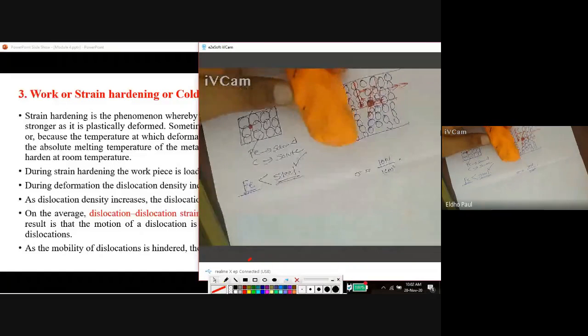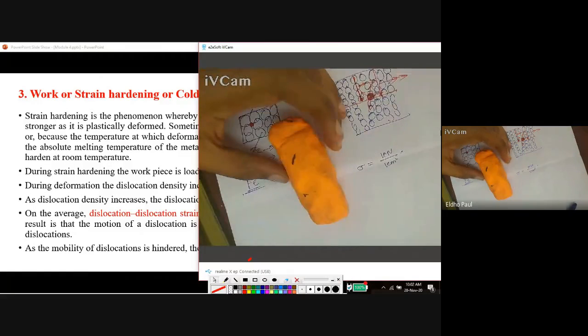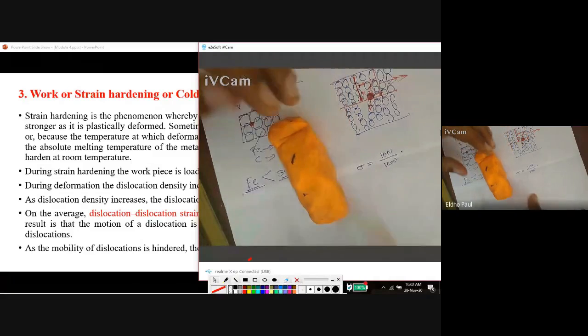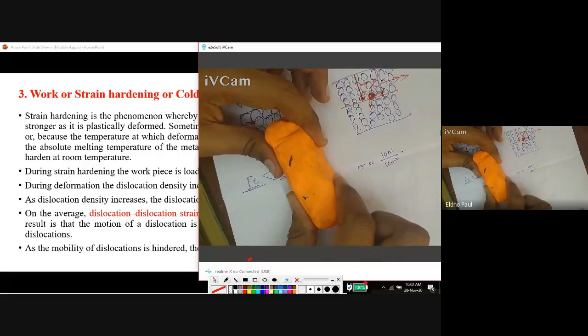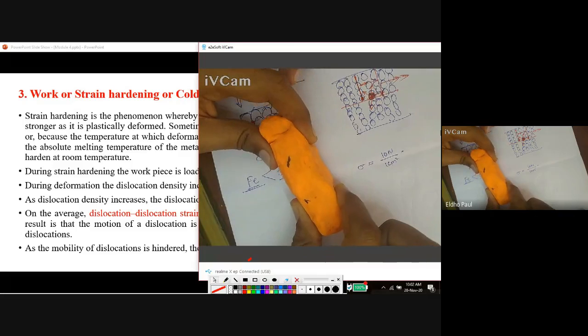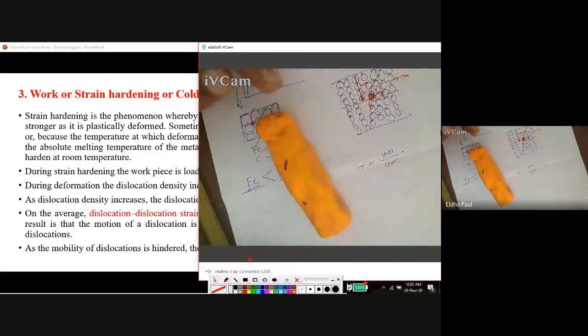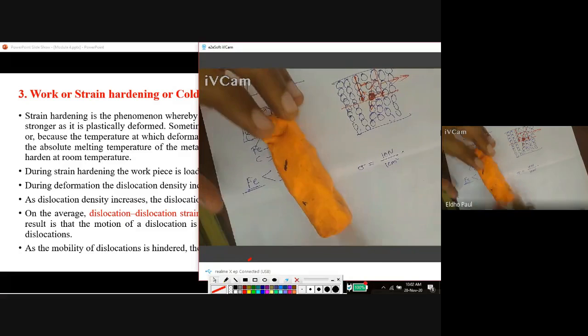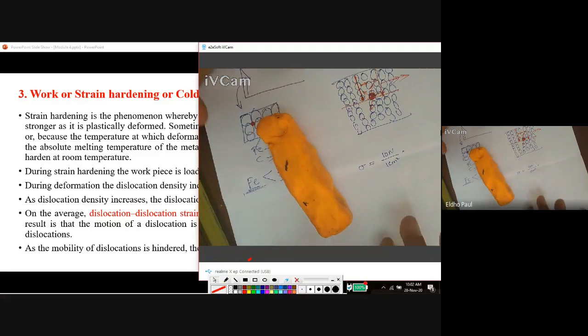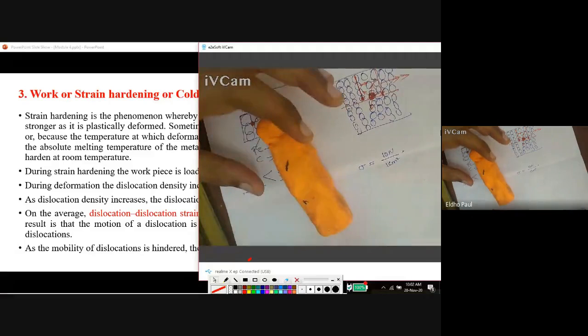That is the stress applied for the deformation. When I apply this much stress, the material deforms easily.